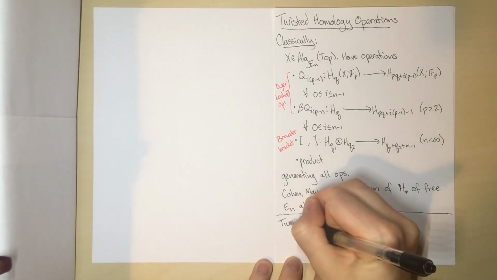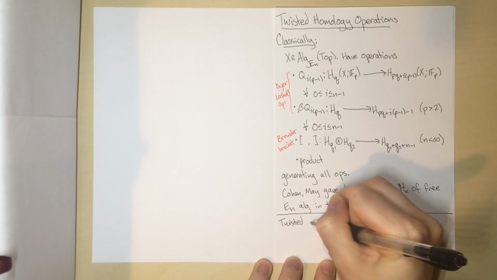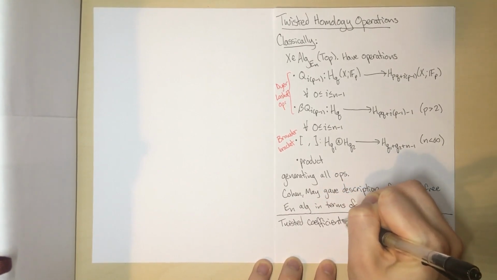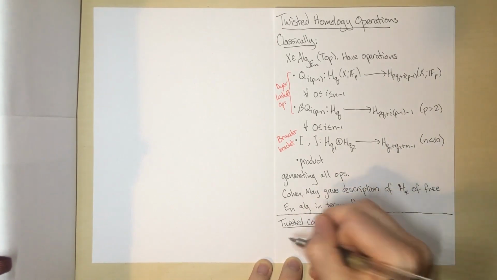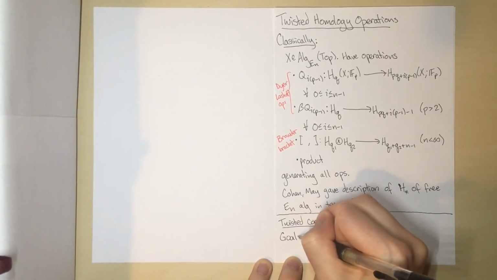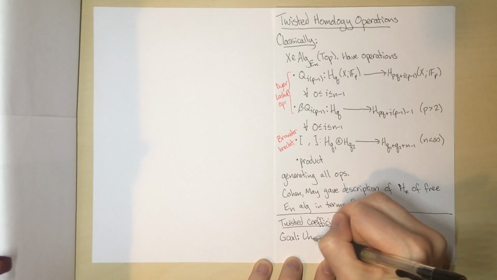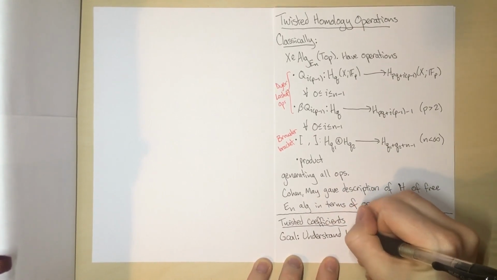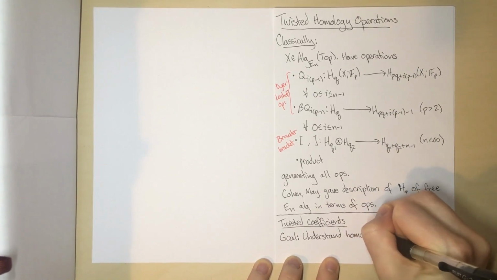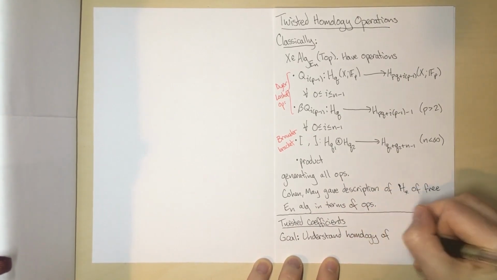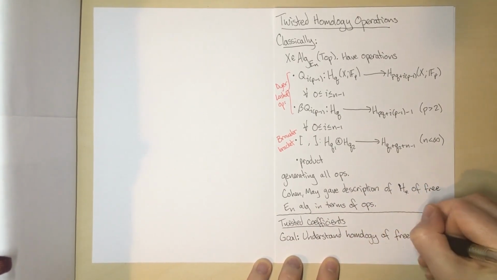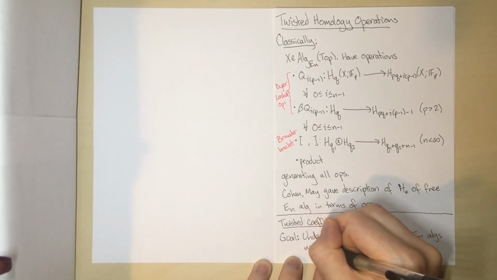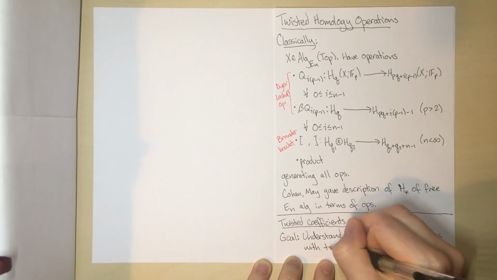Now let me start talking about twisted coefficients, which is what I've been working on. So the goal here is to do an analog of their result. So we want to understand the homology of free EN algebras, but with twisted coefficients. So again, we'd like to do an analog of all of their results.